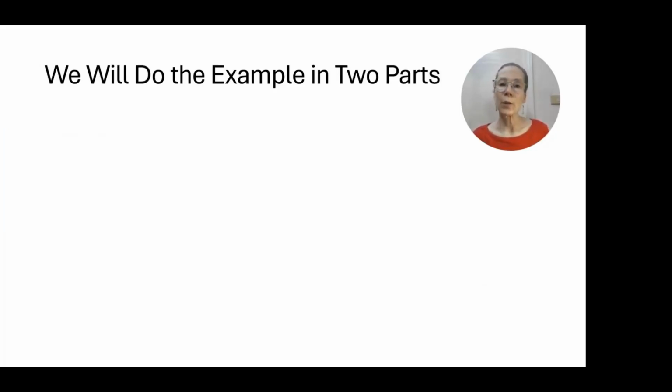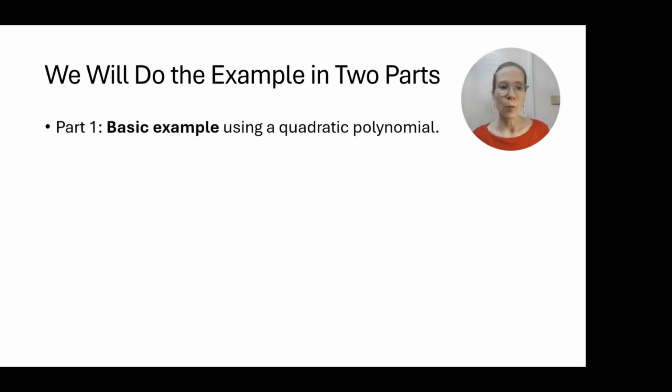So we're going to do this example in 2 parts. First of all, we want to present a basic example, and this is going to use a quadratic polynomial. Now, if you looked at the tutorial on the air pollution challenge, then this is already familiar to you.